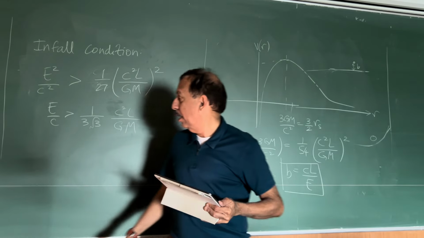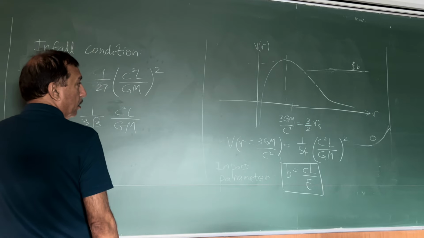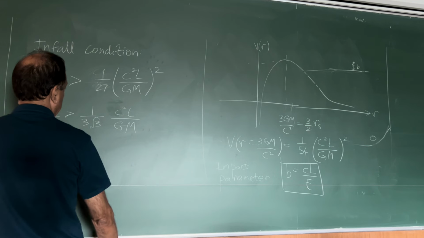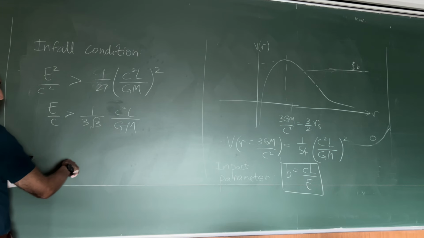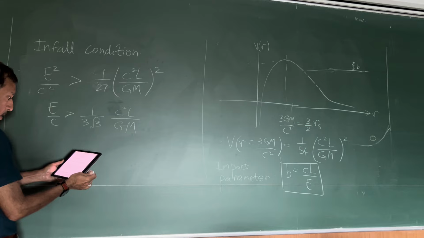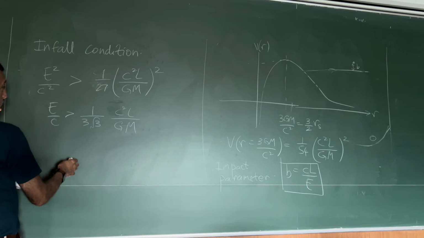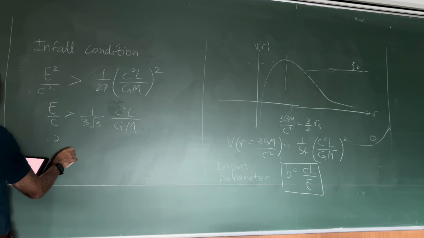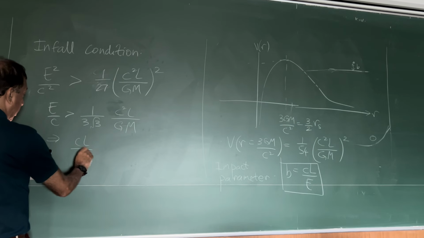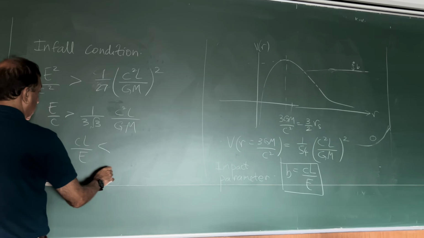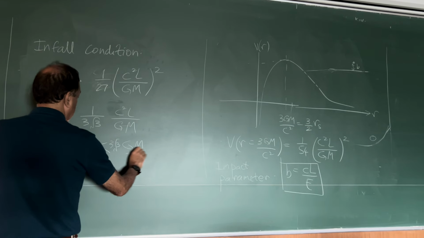The infall condition is that energy should be sufficiently large, and we can recast this in the language of impact parameter by taking things to the other side. This is the same as saying that cL by E is less than 3 root 3 GM by c squared.